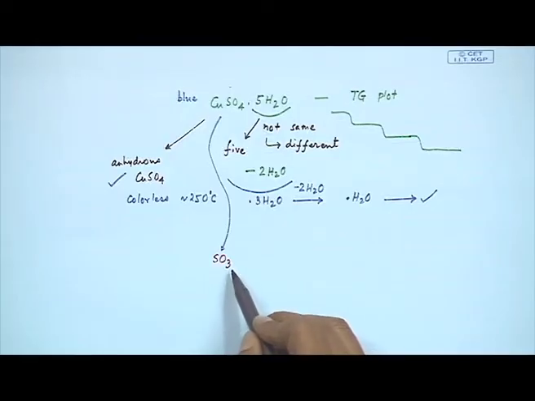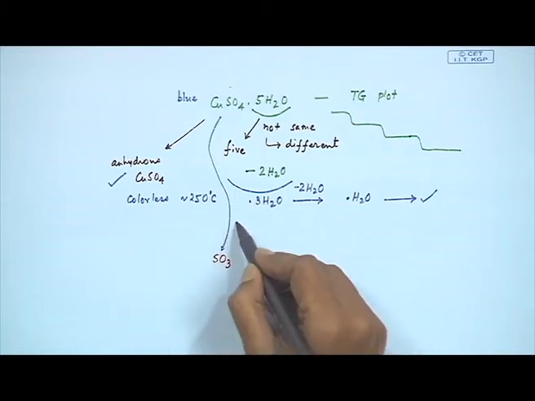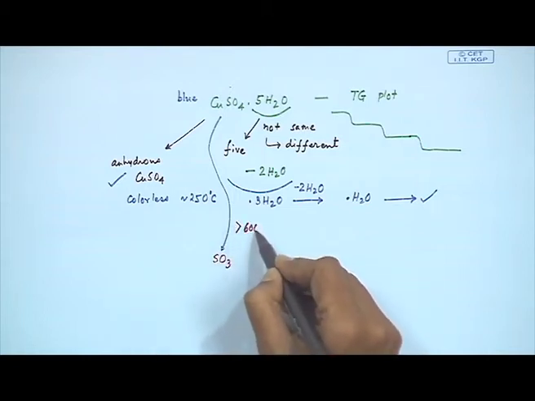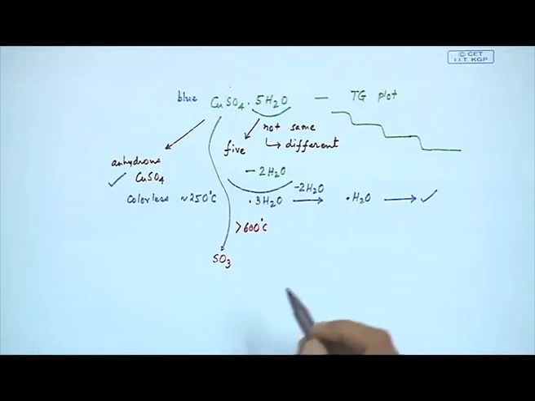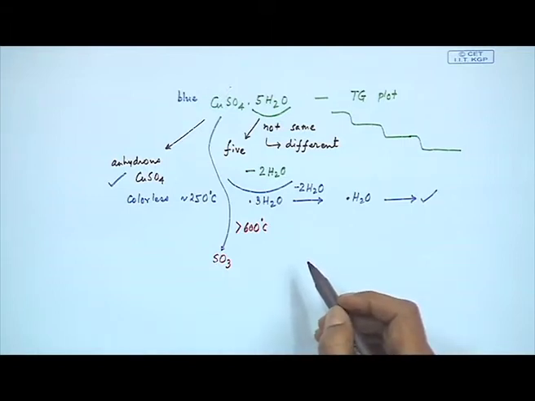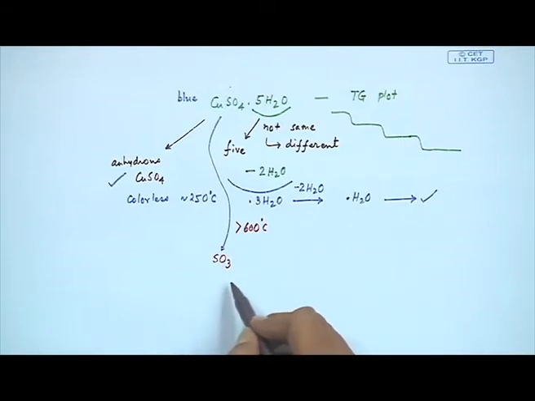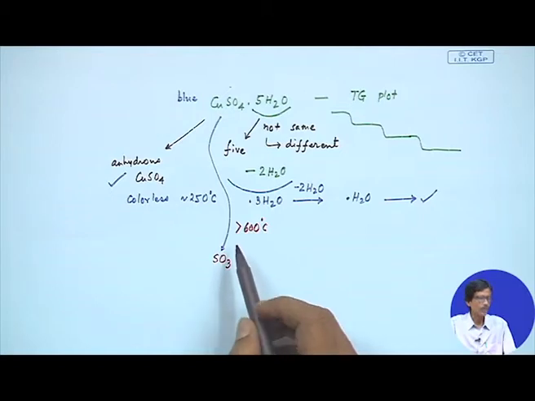SO3 elimination from all sulphate samples is very easy, particularly at a very high temperature, above 600 degree centigrade. So, this is the case of loss of SO3.